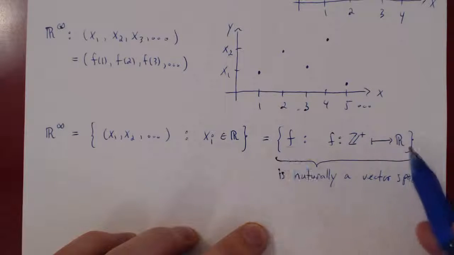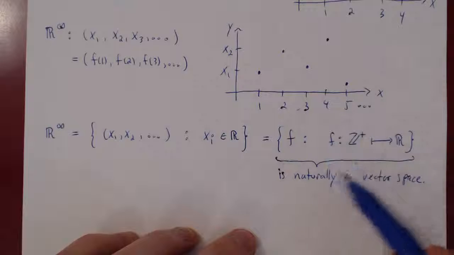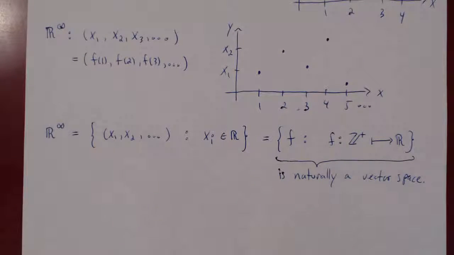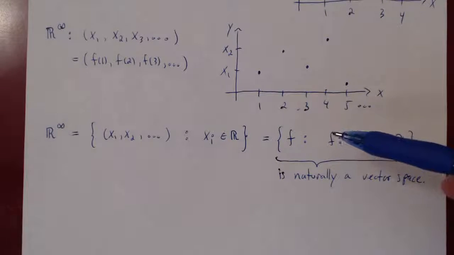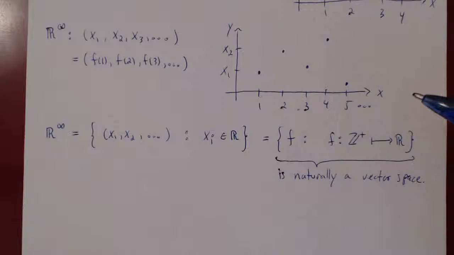So we can think of functions defined on the positive integers as vectors. Vectors with an infinite number of components. And then you can ask quite naturally, well, why stop there? If we can think of functions defined on the positive integers as vectors, why not consider the continuous analog?